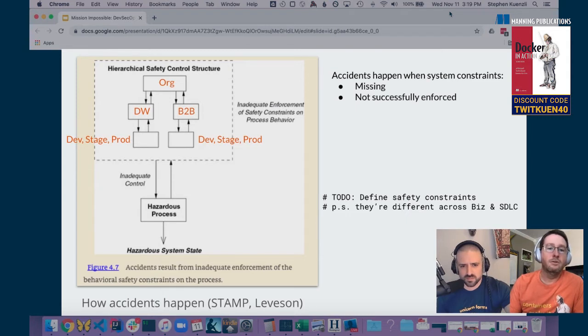So most systems are going to have a bunch of rules in them. And the thing is these rules, these constraints, they're actually going to vary by what part of the organization you're in, what part of the delivery lifecycle you're in. So a good example might be that you should never be able to delete a production database.